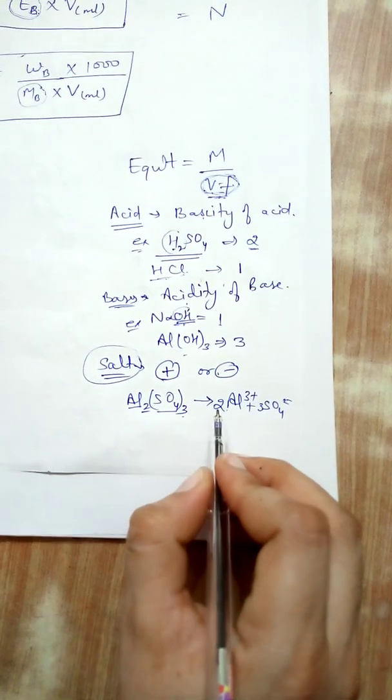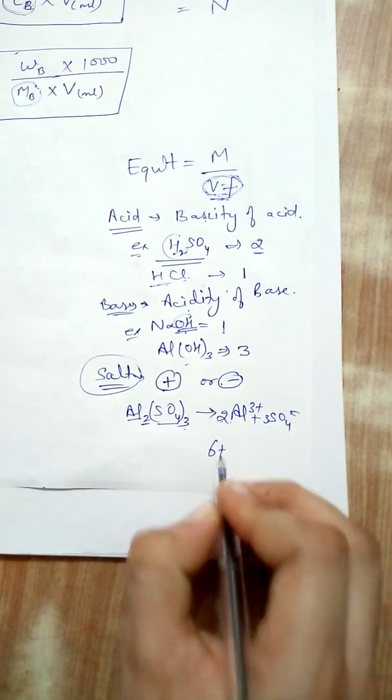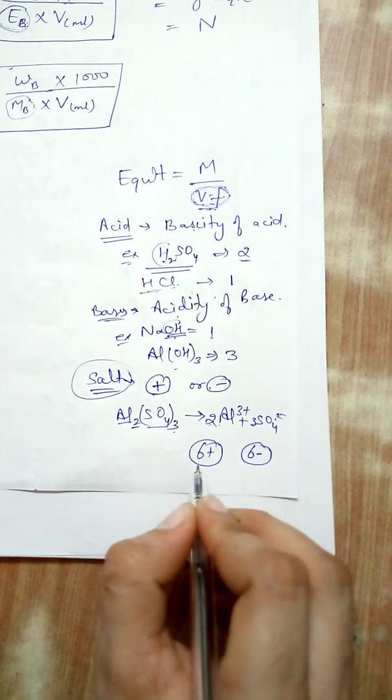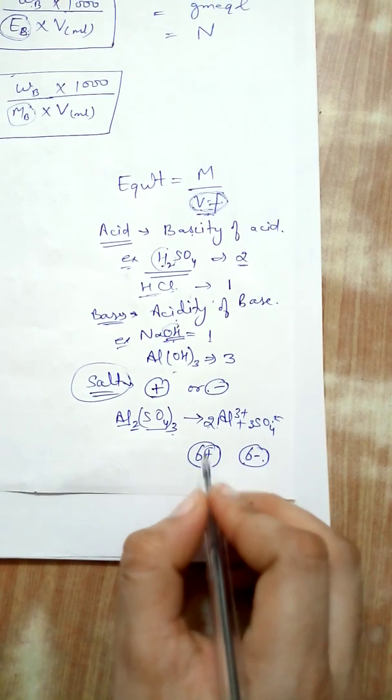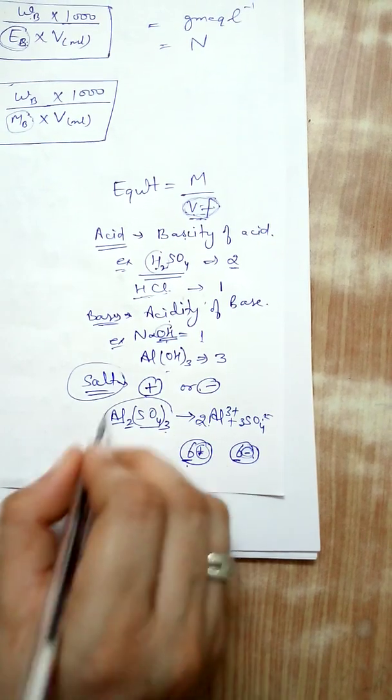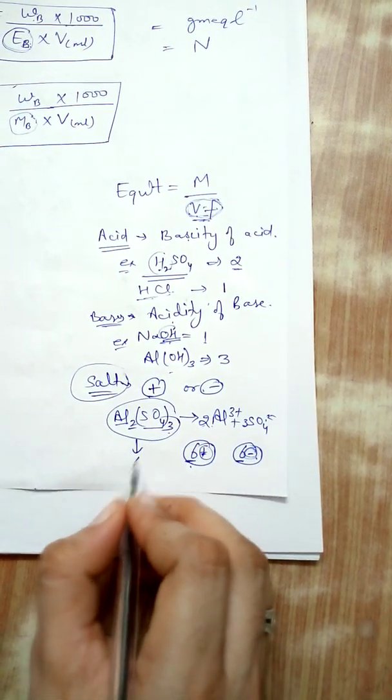So positive charge is 2 threes, 6 positive, 3 twos, 6 negative. So either you can use 6 positive or 6 negative, because the positive or negative sign is not needed, we will use only 6. So the valency factor in case of Al2(SO4)3 is 6.